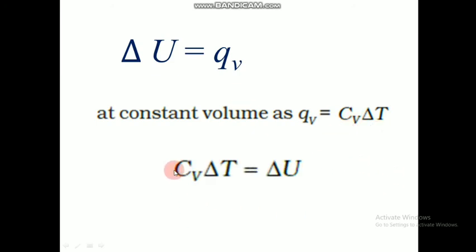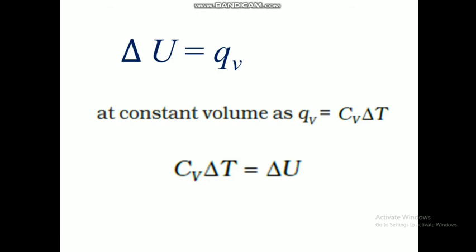Hence, we can say CV delta T is equal to delta U. As we know the heat capacities of the substances here, we can apply this equation. So CV, the heat capacity at constant volume, into delta T, the change in temperature. Both we are measuring and applying in this equation and finding the change in internal energy. So that's the process here.